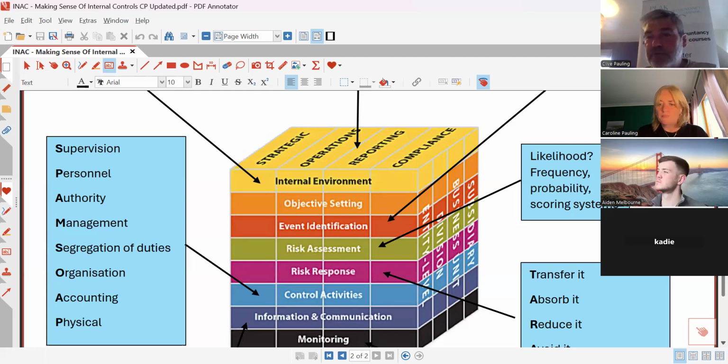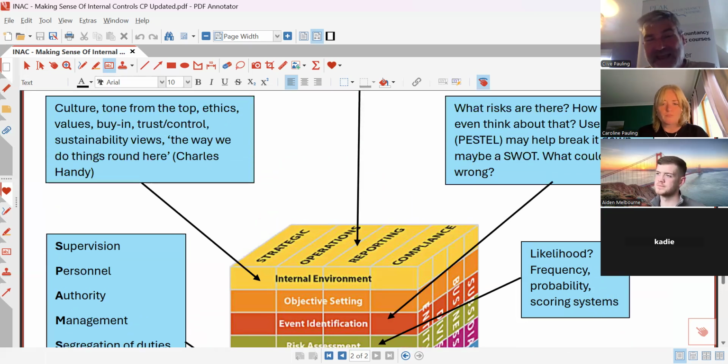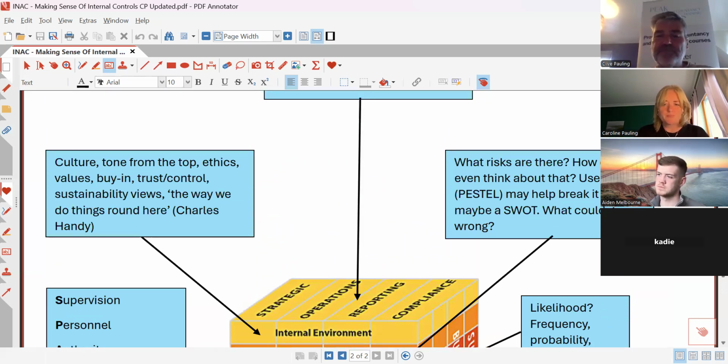Now, on the top, we have the headline areas that the business will need to set objectives in. Okay, so we've got strategic objectives to start with. So the long-term ambition of the organization, the markets it wants to operate in, for example, the products that it wants to sell, information about key supply chains, long-term goals and targets that it set itself.